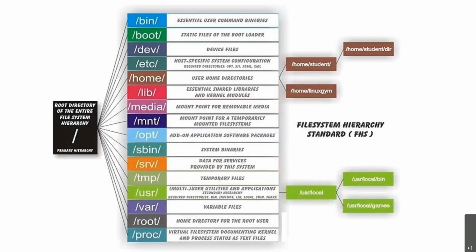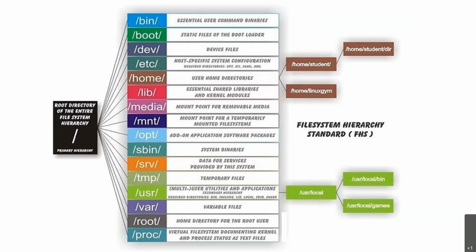So now if you see, the root or slash is the main or parent directory for Linux, and all other directories are pointed from the parent directory slash. These are the directories bin, boot, dev.